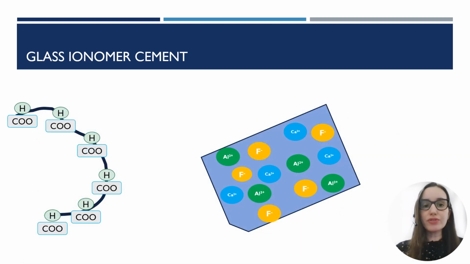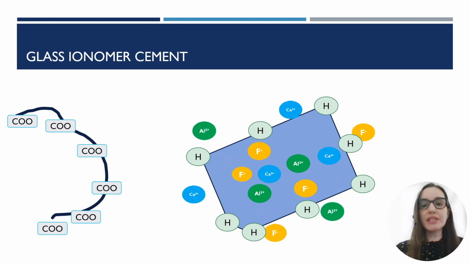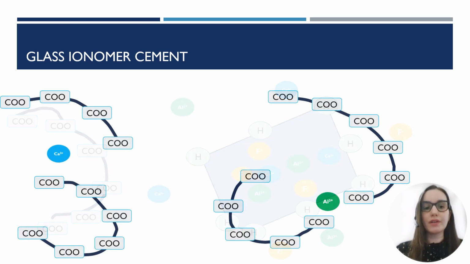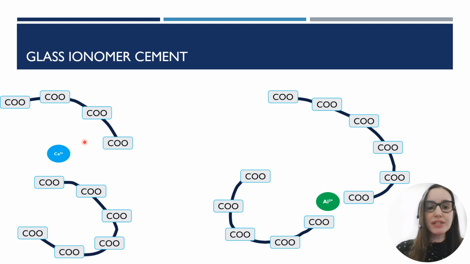First, the hydrogen ions will be released and will attack the glass particles, which will release aluminium, calcium, and fluoride only from the surface of this glass. And the chemical reaction will take place between the carboxylic radicals and calcium and aluminum.